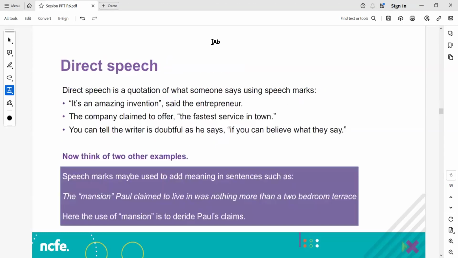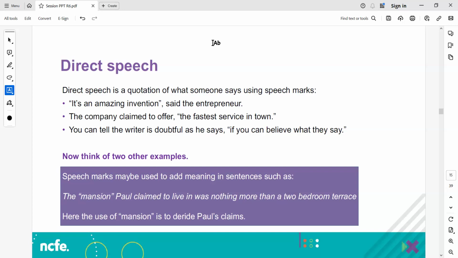Okay. Direct speech is a quotation of what somebody says using speech marks. It's an amazing invention, said the entrepreneur. The company claimed to offer the fastest service in town. You can tell the writer is doubtful, as he says, if you can believe what they say.